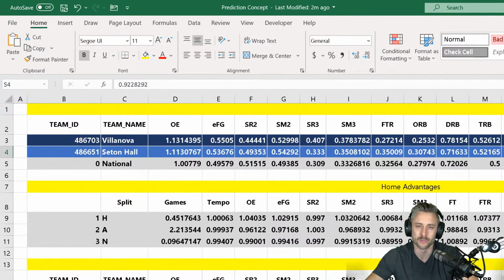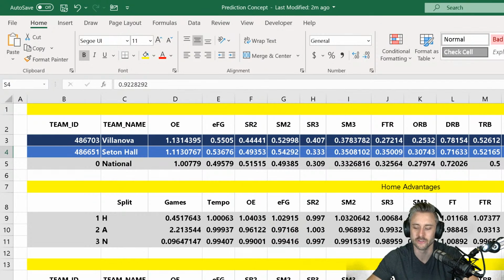So what's more impressive? Scoring 80 points in 100 possessions or scoring 60 points in 50 possessions? The team that scored 80 points might have scored more points overall, but it took them twice as many possessions to get there as Virginia. That's why I use tempo-adjusted stats.